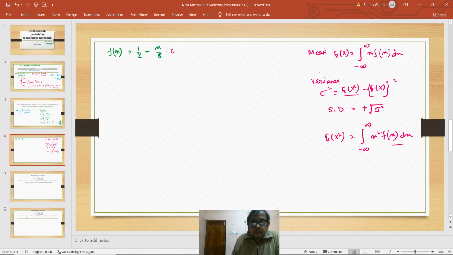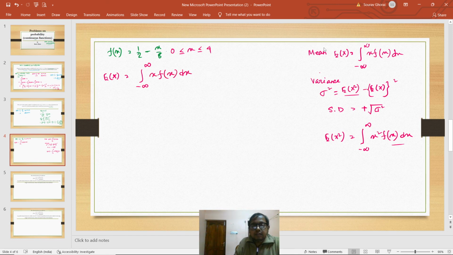And this is defined over 0 less than or equal to x less than or equal to 4. So now we have to find the mean of this function, the variance and the standard deviation. When we find the mean, E of x is the integral from minus infinity to infinity of x into f of x dx.